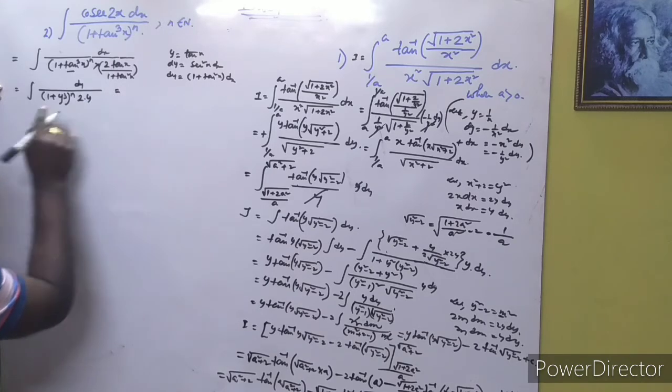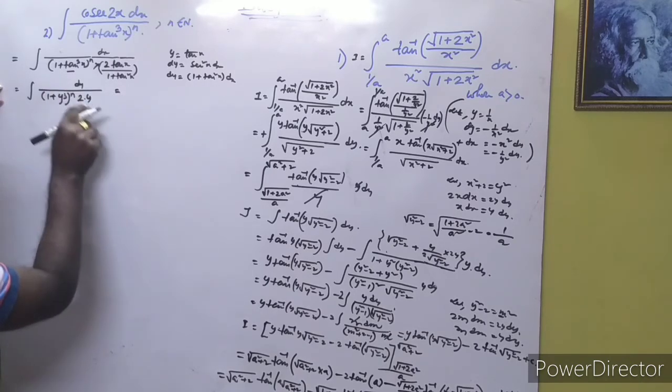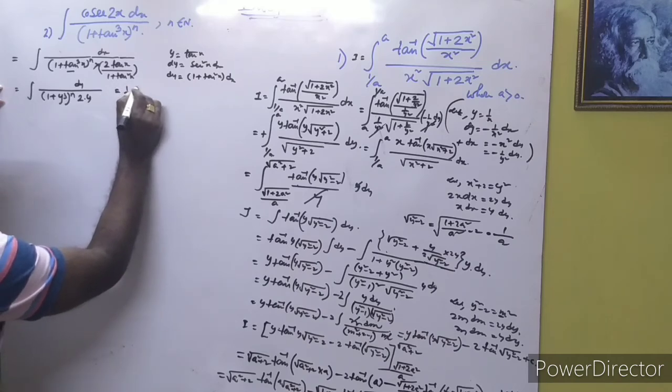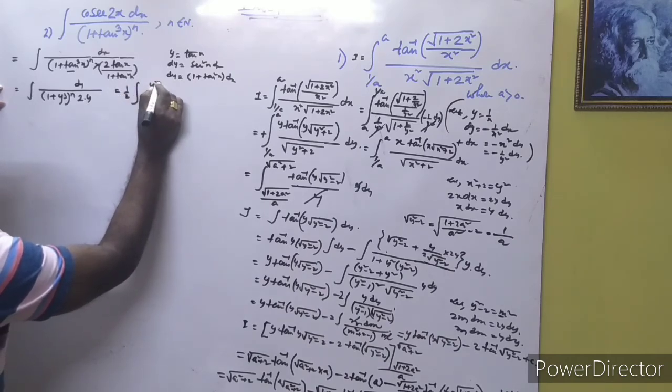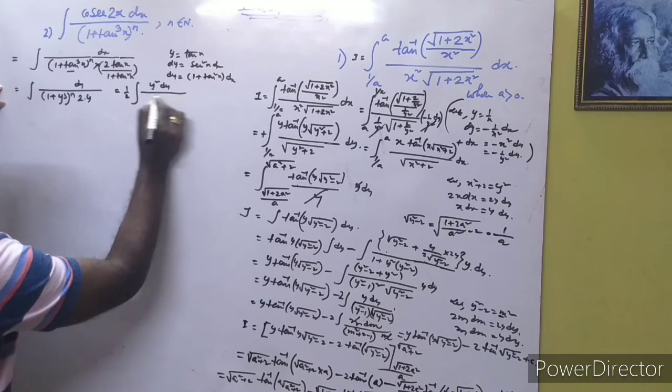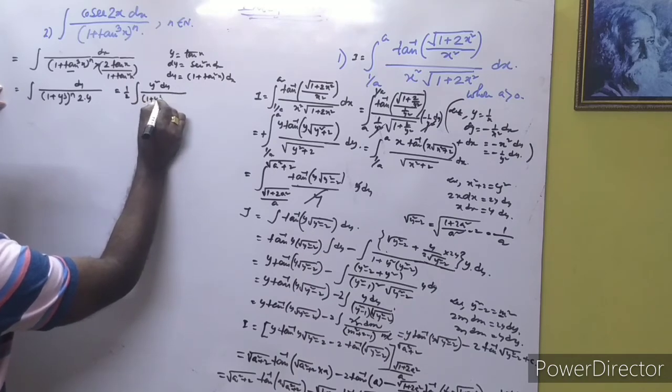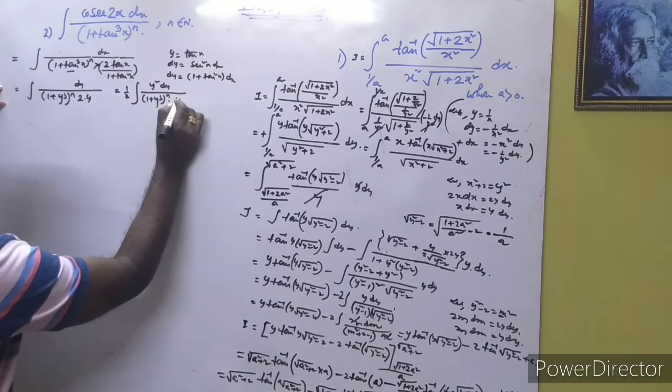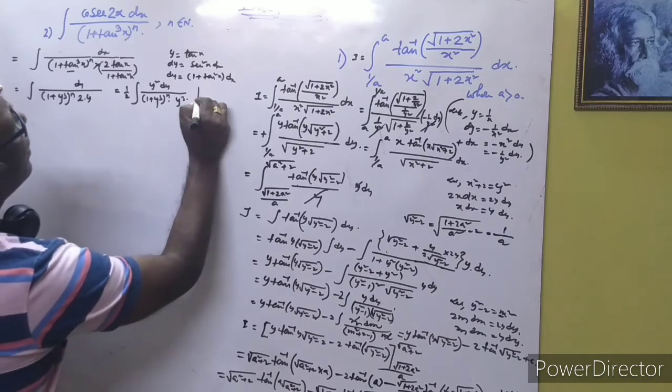See, this is y cube, so multiply by y square on the numerator and denominator part. Okay, like that, and 1 plus y cube whole to the power n and y cube here.